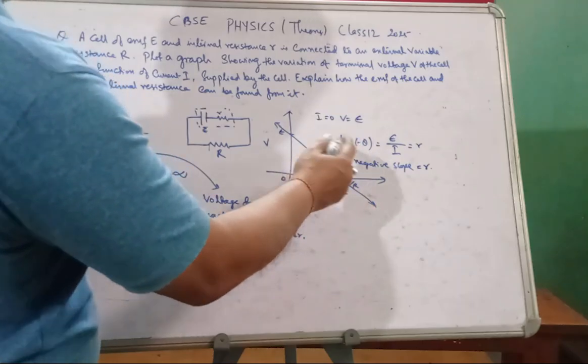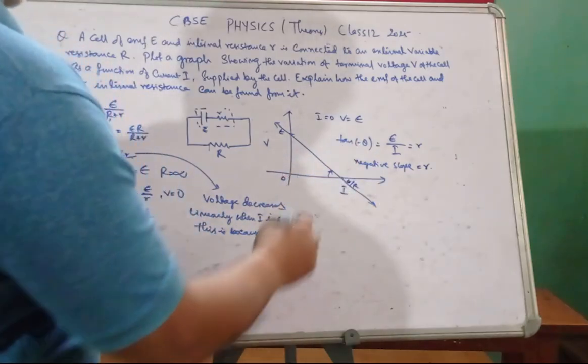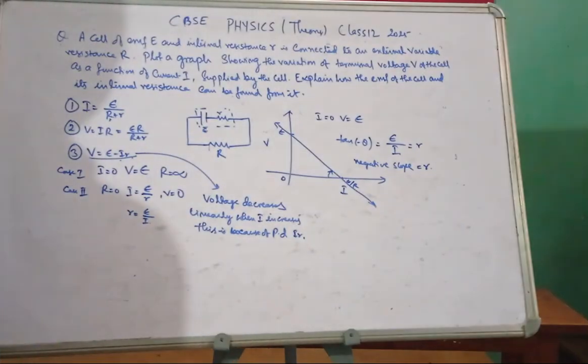Because we are taking it in an anticlockwise direction, the negative slope will give you r.